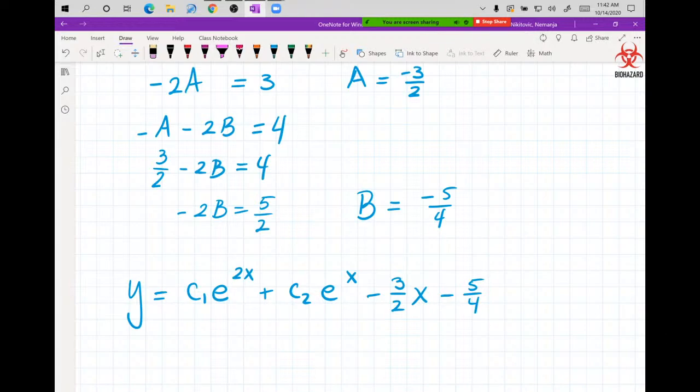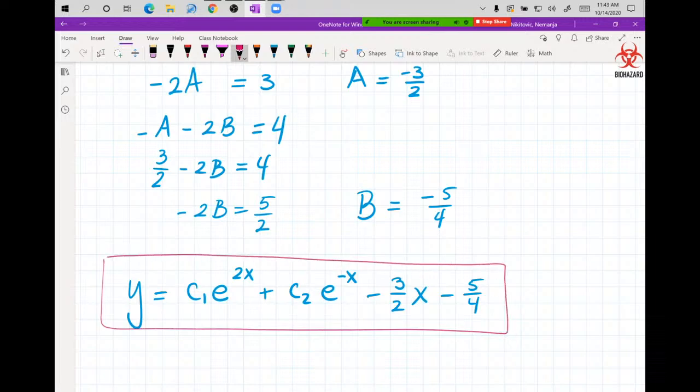Now, notice that this is a second order differential equation, and you still have two constants there, c1 and c2, which you can compute if the initial conditions are given to you. That's another calculation on top of all of this to figure out c1 and c2. This is just a general solution that you obtain by this method. Right? It's a ton of fun.